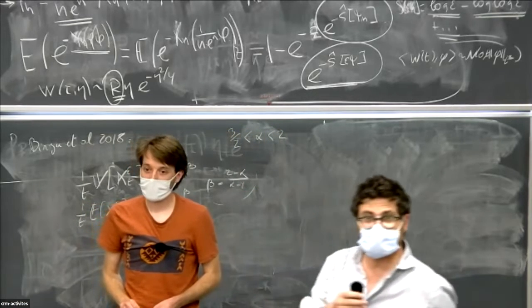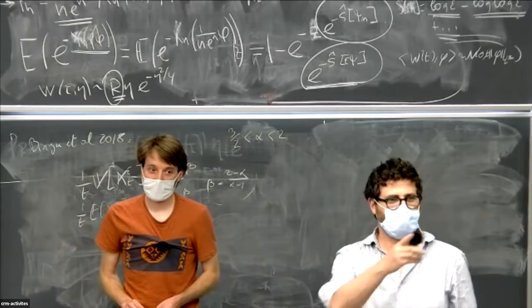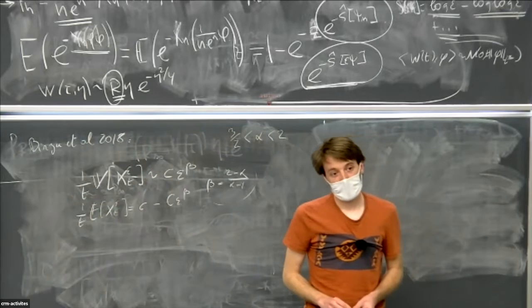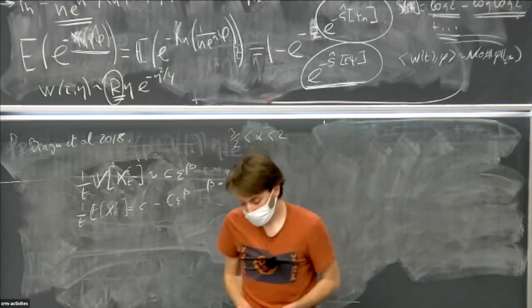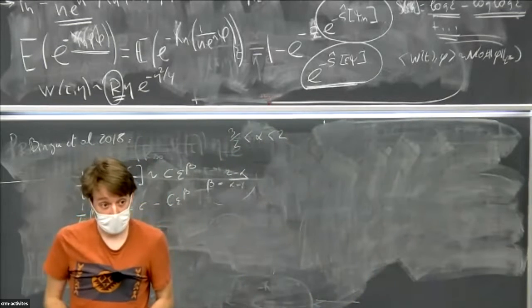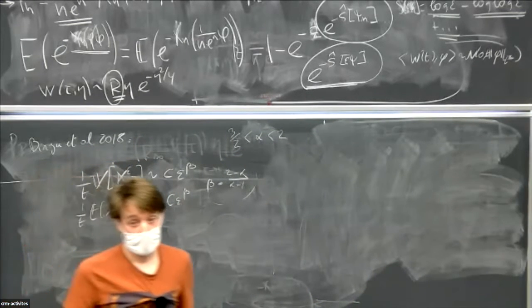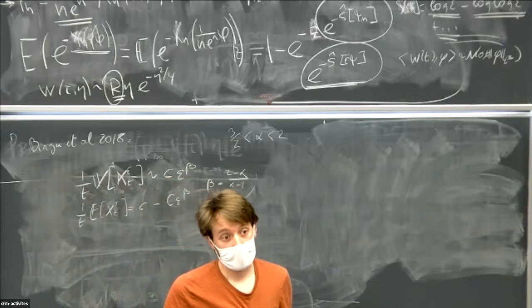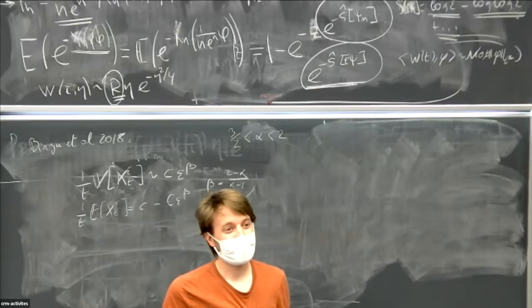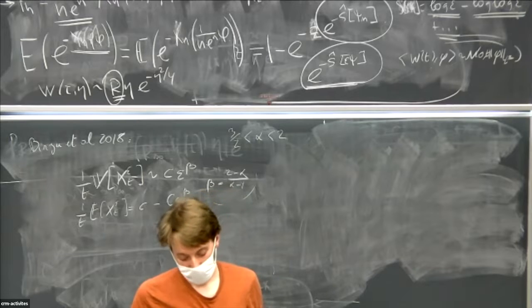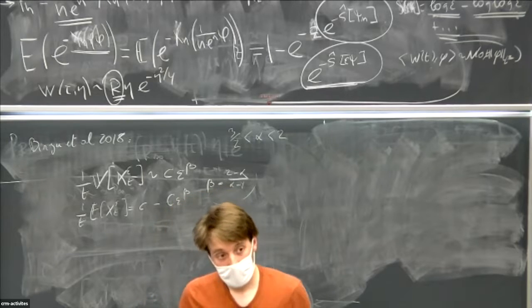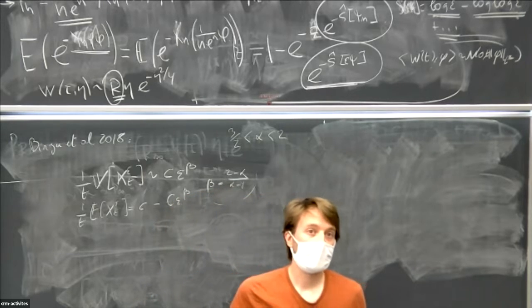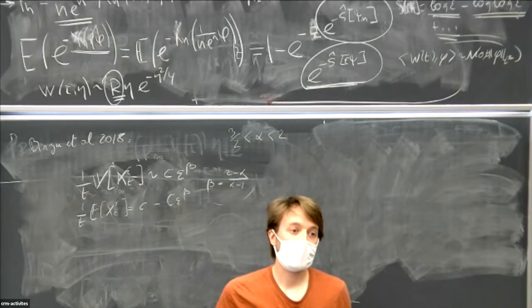Okay, so it's time for a couple of questions. There's one here. So the result, if I understand correctly, is kind of an annealed result, an average result, in the sense that you give the fluctuations of the velocity on average. So I understand that the fluctuations you give are annealed in the sense that they are averaged over the W disorder.